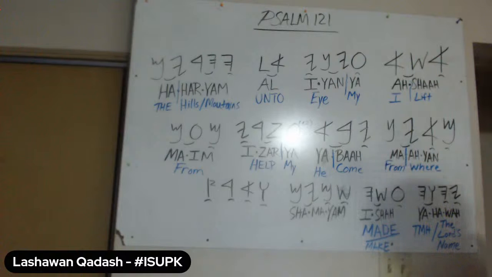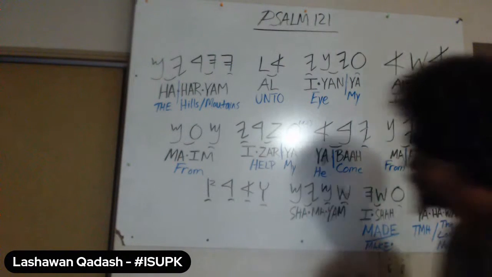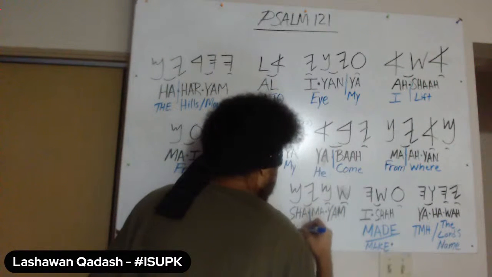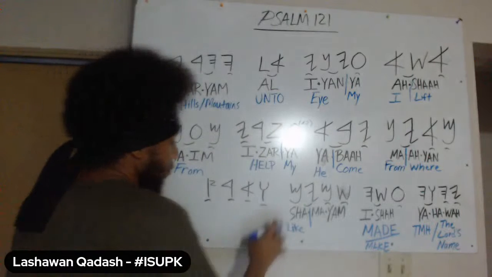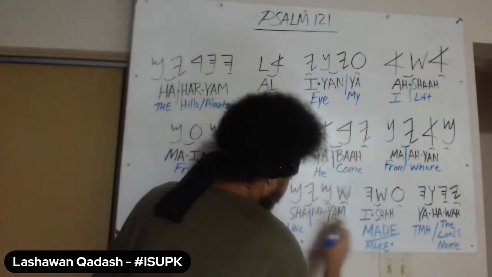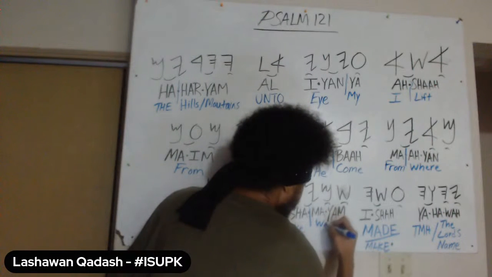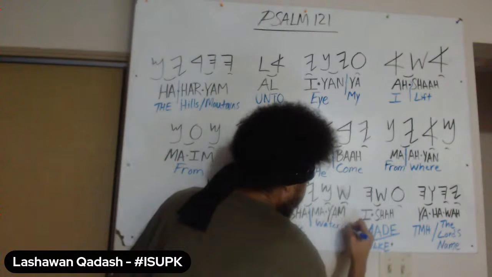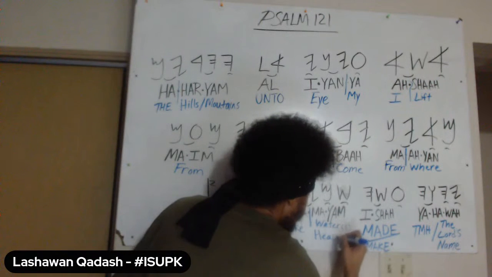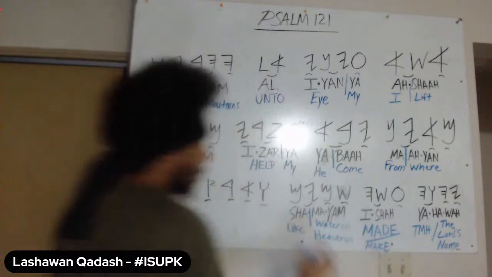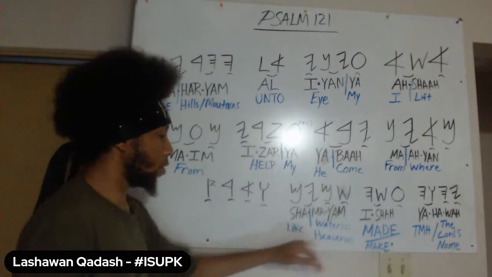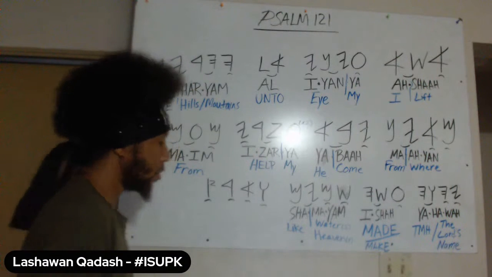But we got to break it down. So like, sha means, as far as the prefix. Mayim means water. I put a little S in parentheses, or heaven, or heavens. So like water or waters, or like heaven or heavens. Okay.